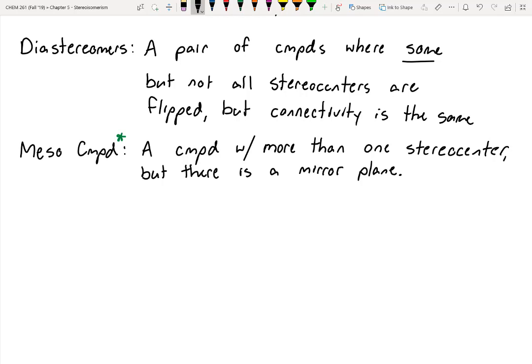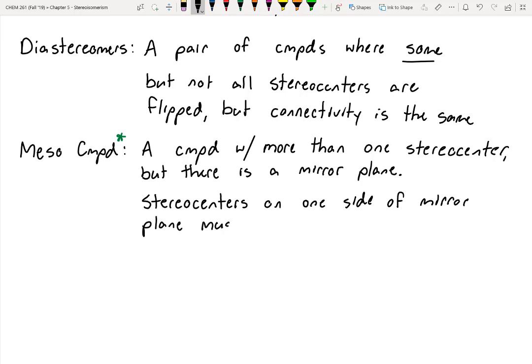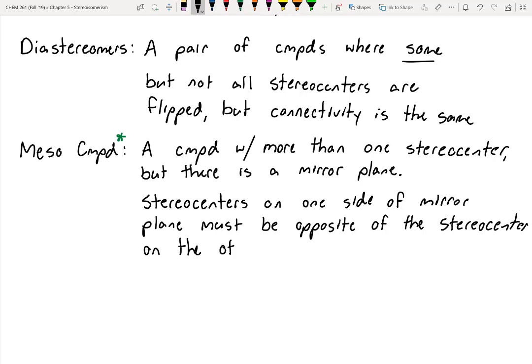My hint is that the stereocenters on one side of the mirror plane must be opposite of the stereocenters on the other side.